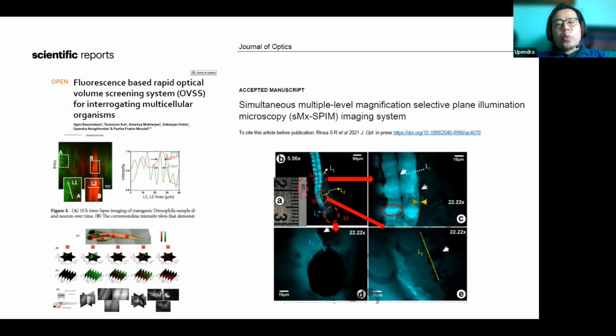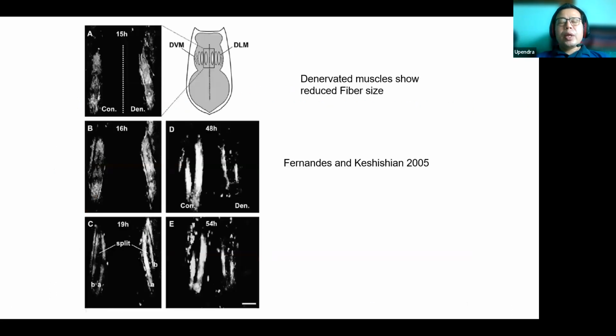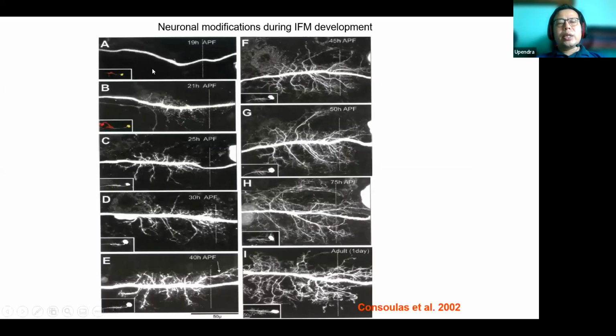But we need to address this with higher magnifications, and how they become so symmetric, right? All these things need to be addressed in future. So the muscles, I told you, neurons grow based on these muscles, and you can see this dynamic.